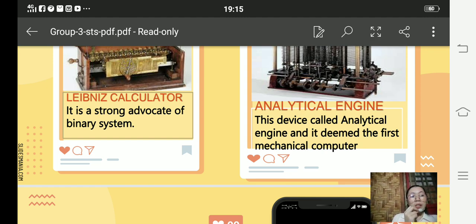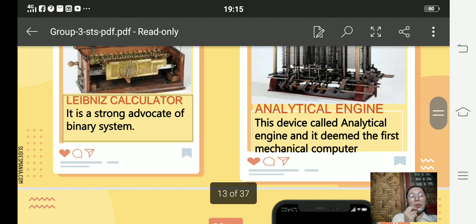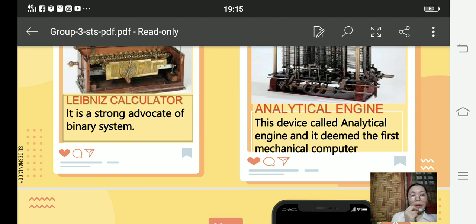This analytical engine is the greatest achievement of Master Charles Babbage. The analytical engine can perform addition, subtraction, multiplication, and division.